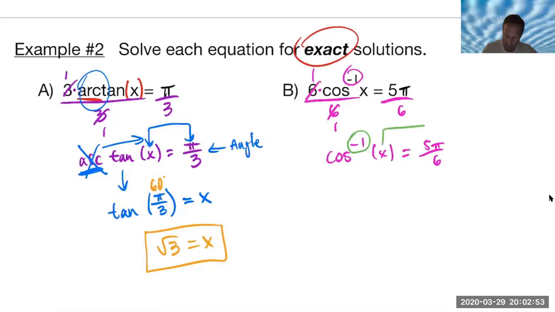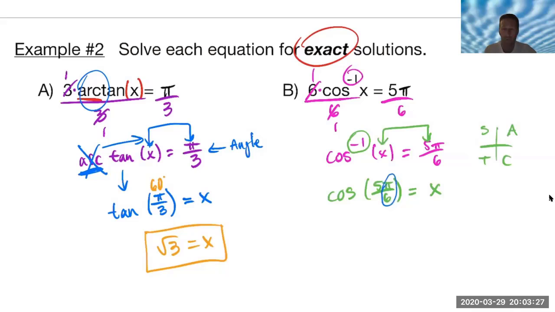I want to take my input and my output and I want them in reverse order. So I'm actually going to apply the inverse, which means I will now have cosine of 5 pi over 6 is equal to x. And so I found what x is equal to. I just need to evaluate. So remember, cosine of 5 pi over 6, hopefully you recognize my reference angle of pi over 6, which is what?